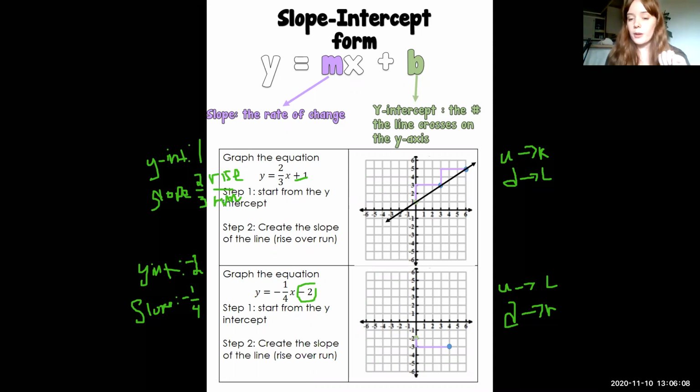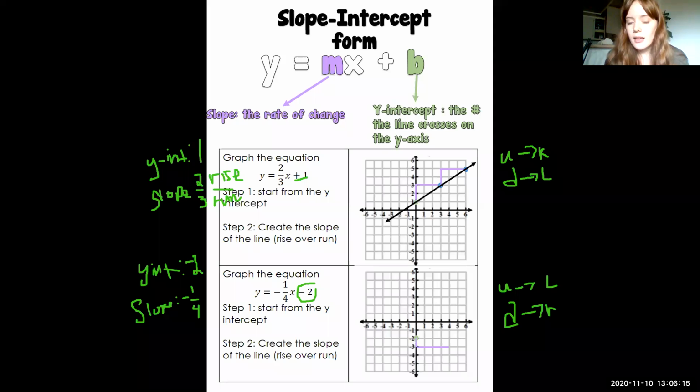To get to my third point, we're going to go up and to the left. And that's still going to create a nice negative slope. If I rode my bike from over here downhill, that would be a negative slope of 1/4. And it crosses through the y-axis at -2. So we did everything right. Let's try 2 more.